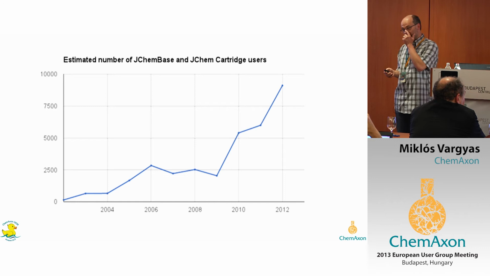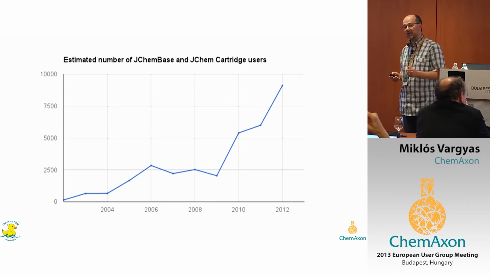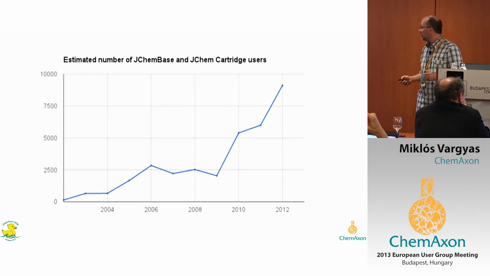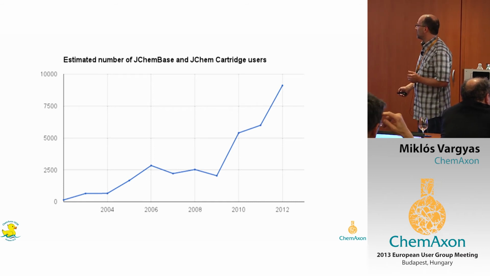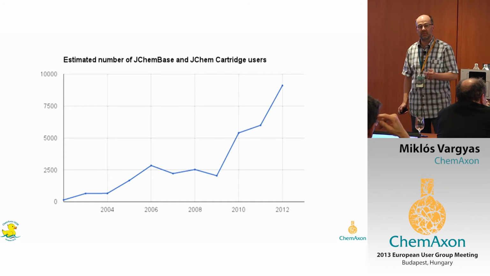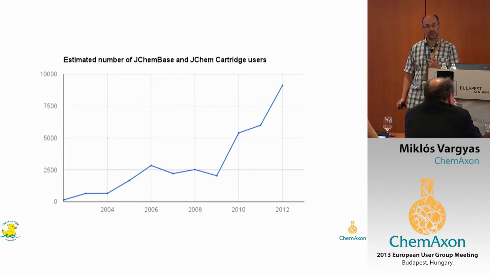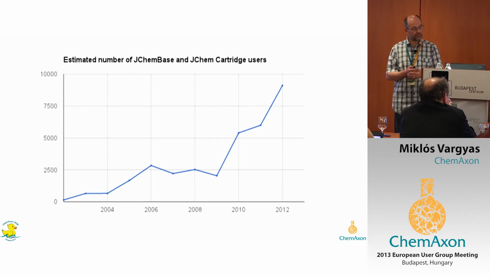Look at this chart. It shows how in the past decade the number of JChem Base and JChem cartridge users grew from 147 to almost 10,000. Mind that values in this chart are lower estimates. Actual figures are probably higher than that.